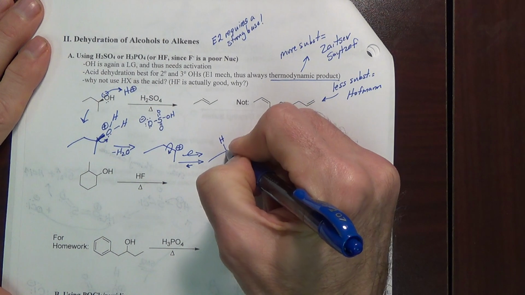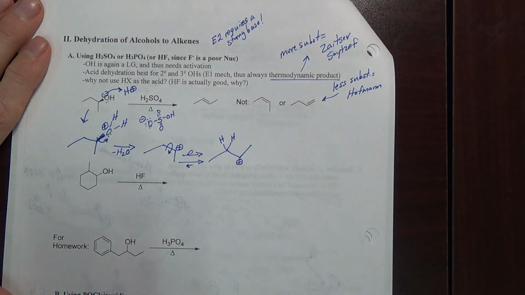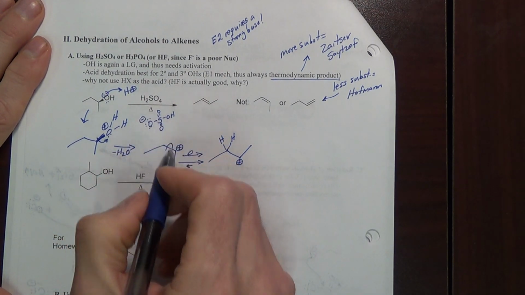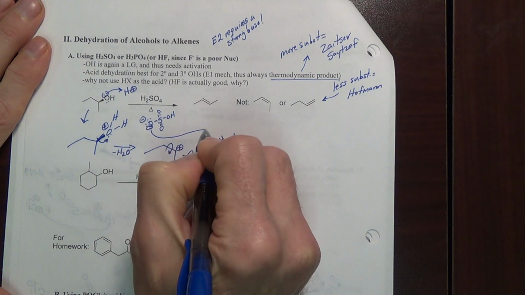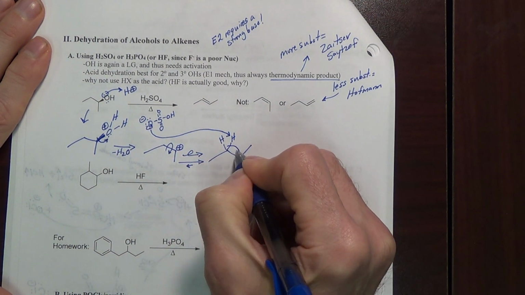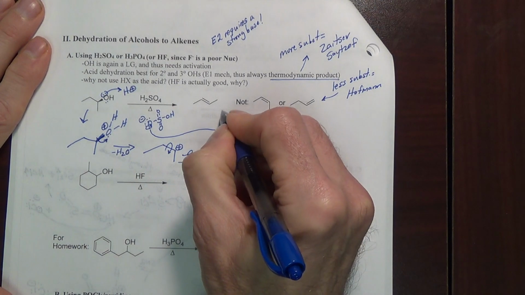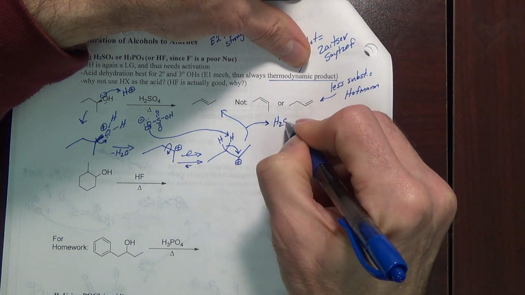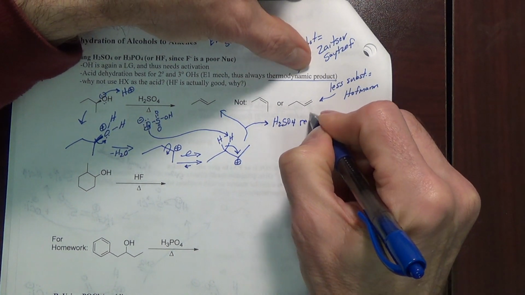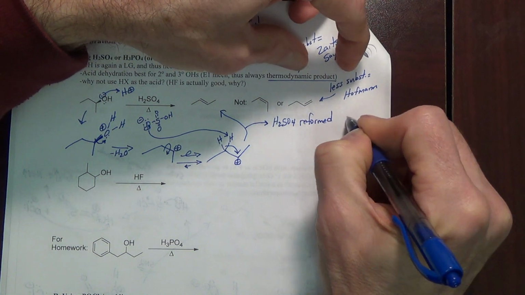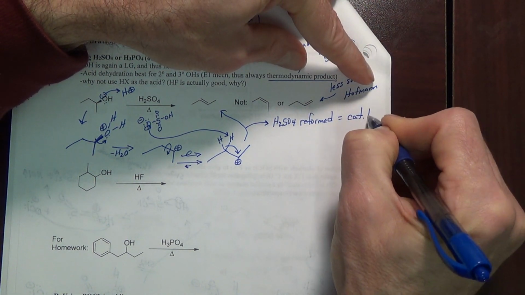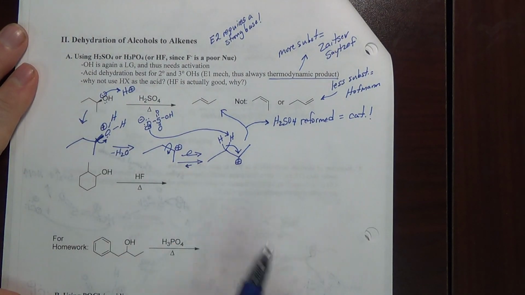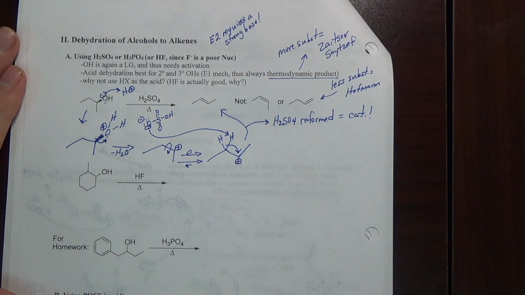But then the next step is, this will act as a weak base, and we can take one of these H's, and these electrons move in, and that gives us our pi bond back. But we also reform sulfuric acid. And thus the sulfuric acid is our catalyst for the dehydration reaction to give the alkene.